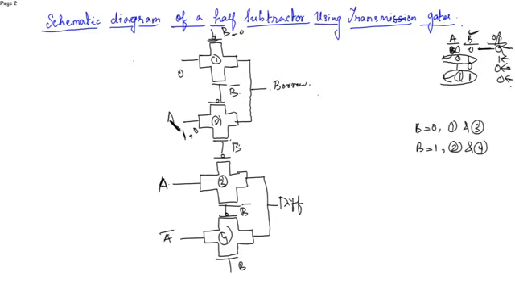So this should be A bar, and this is connected to ground. So you got the output here. Similarly, in the case of the difference, A, B and output, that is difference.